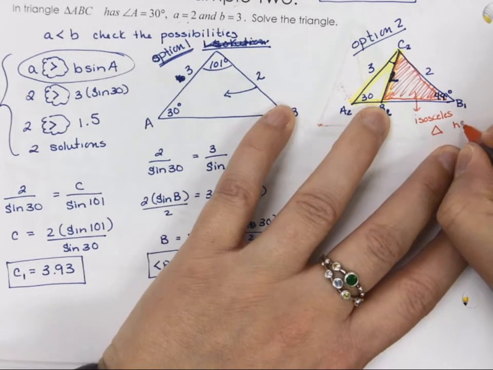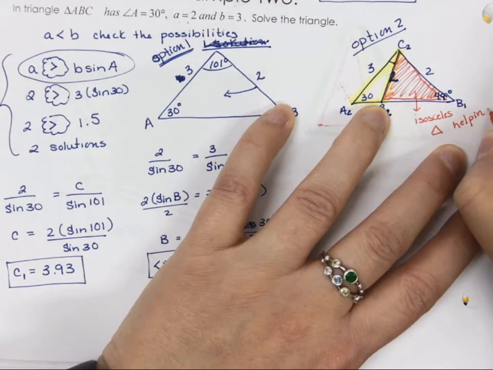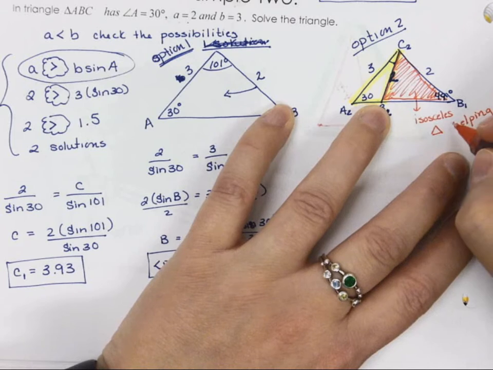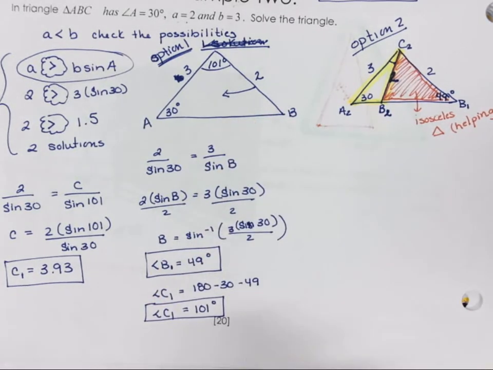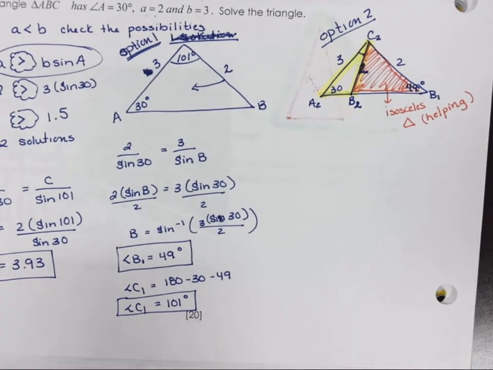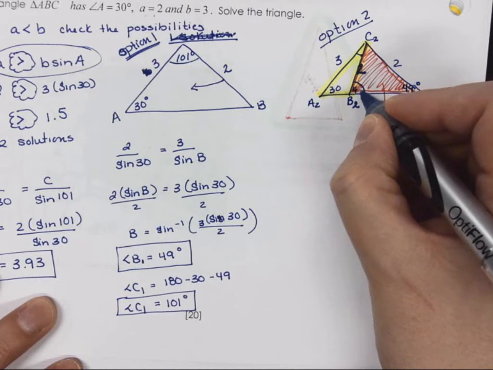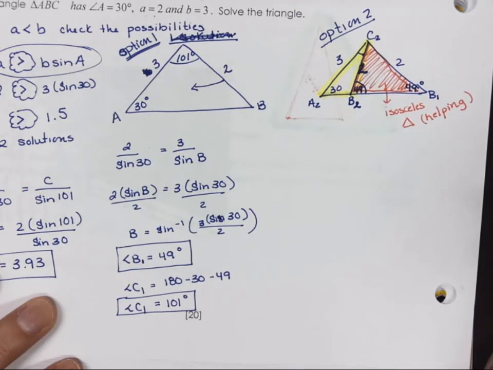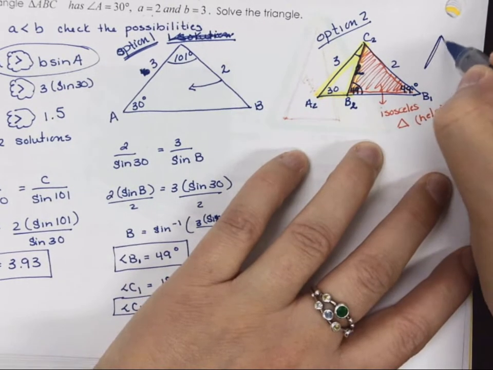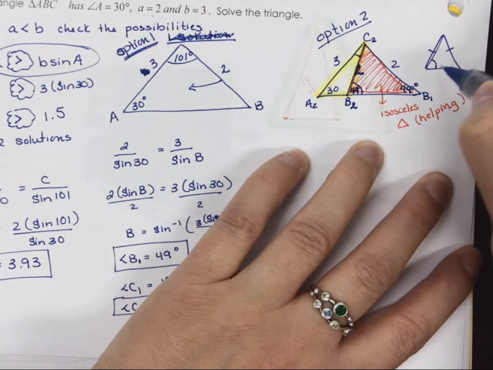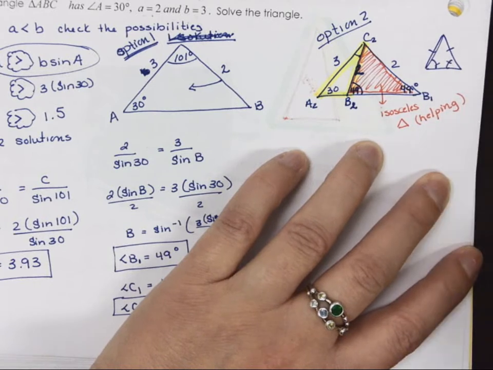So what do we know? What angle will also be 49? This one right here, right? Because if you have two sides that are the same, these two angles will also be the same in an isosceles triangle. Okay, doesn't help us so far because we're looking for the yellow triangle. We're looking for the interior angles of the yellow triangle.